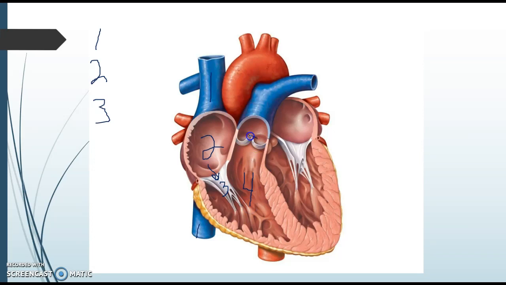It's going to be then shot up through the pulmonary semilunar valve into our 6th structure, which is the pulmonary arteries. Our 7th structure is actually going to be the lungs, because that's where it's going to travel to. It's going to come back from the lungs in this structure here, which are your pulmonary veins.